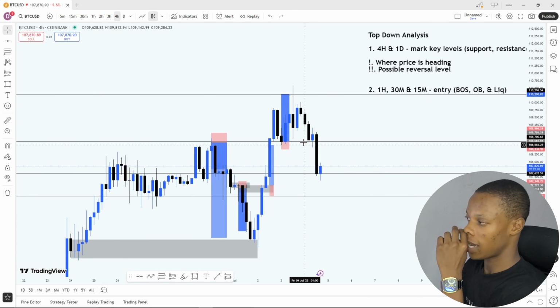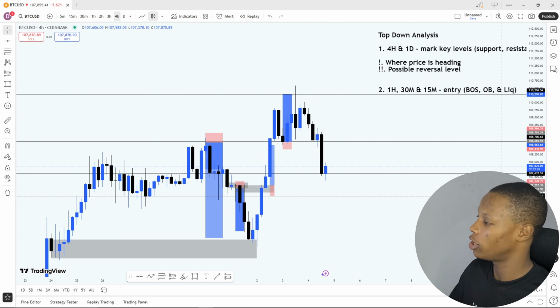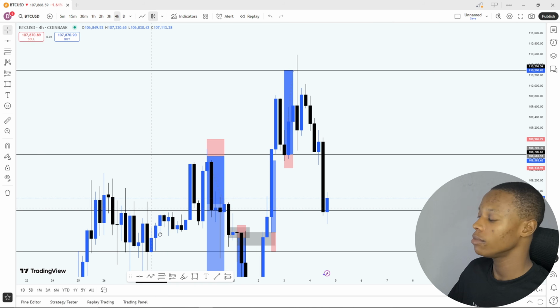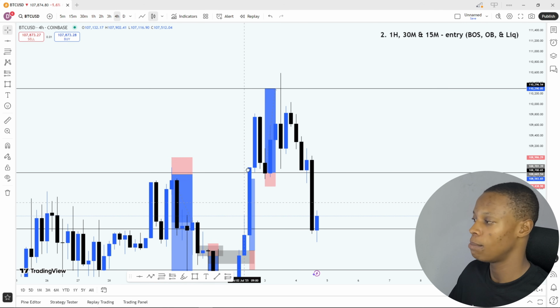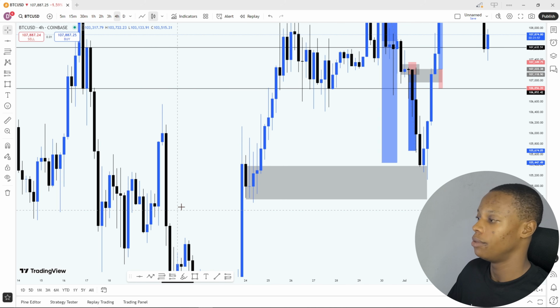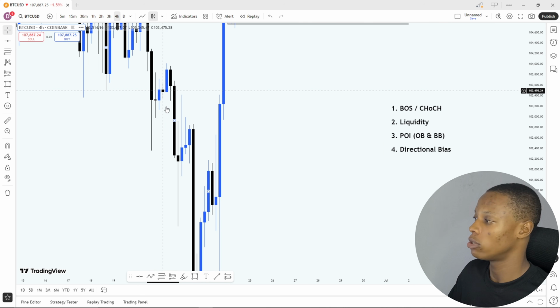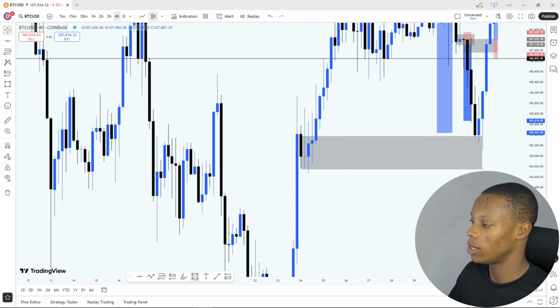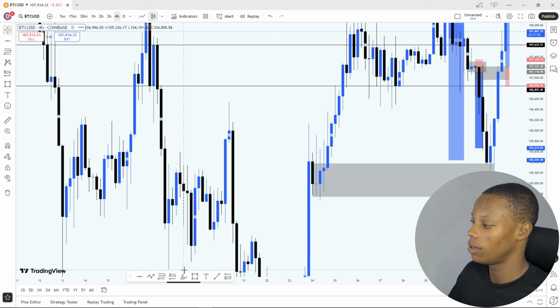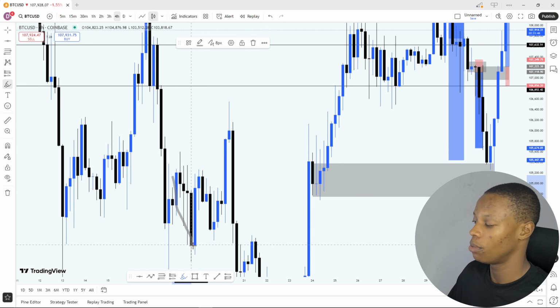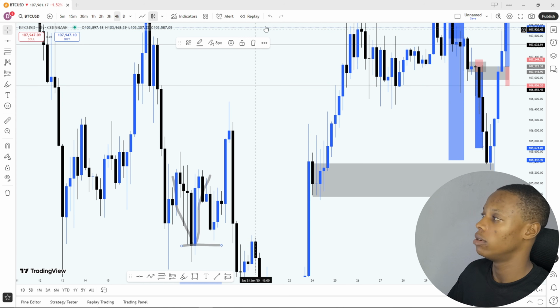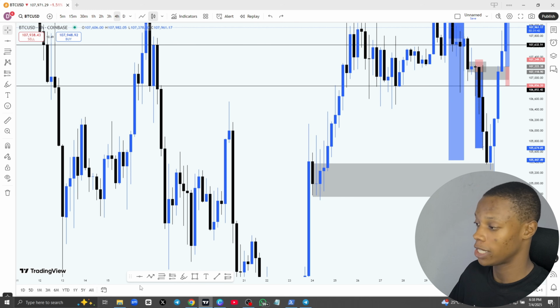Then another key thing you want to study and watch with what I do is, if I'm marking out a support, I'm going to use the same pattern, right, where the price got to, like this very one. Price got here and went up, right? So this is a level I'm going to mark out as a potential reversal zone.